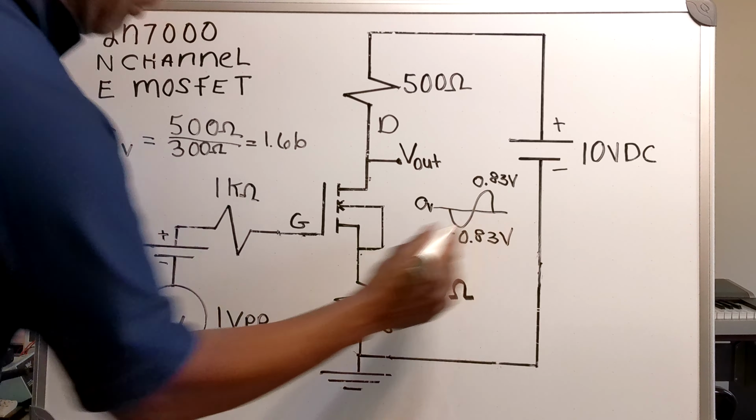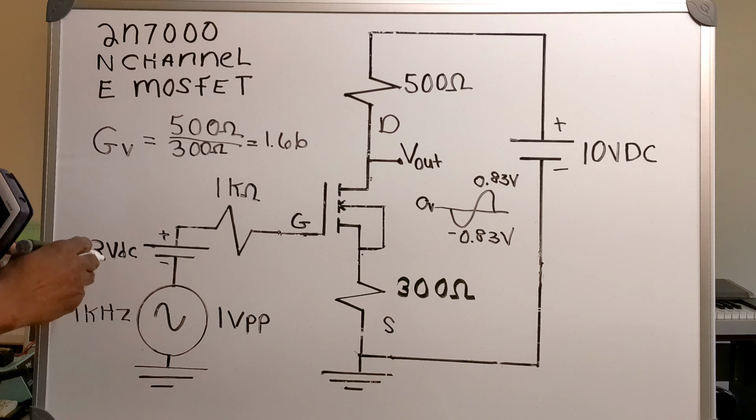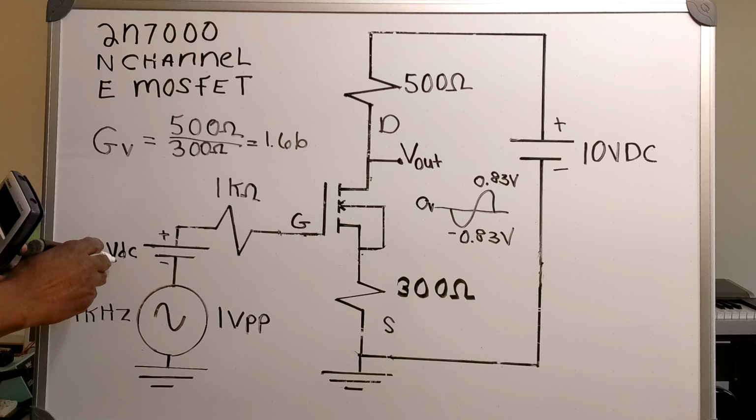Now, I've got a 500 ohm resistor here. Now, when I apply the 3-volt DC and the current begins to flow, I'm going to get about a voltage of 2.55 volts here.